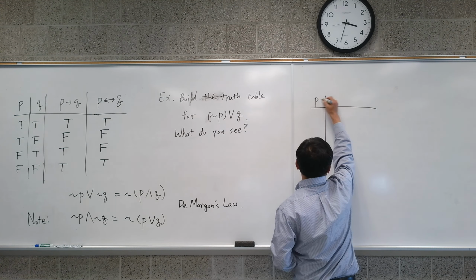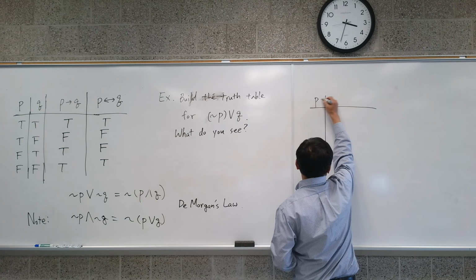True. Not P is false. False or false gives you? False. Yeah. Not P is true. Well, if you have true, then or will always give you true, right? So if you have one thing that's true, that's true. Okay. So not P would be, not false would be true, true or false will be true.